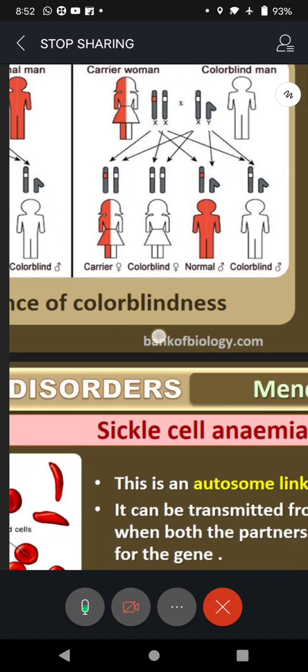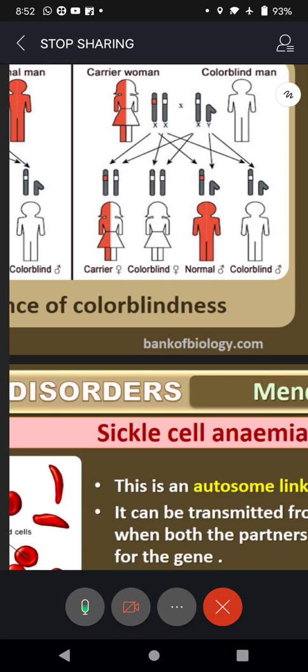So unfortunately, the sister becomes colorblind. Whereas, look at the boy who is colorblind. Only one X chromosome. Who is contributing that X chromosome in a male? Mother. So the lethal gene present in the X chromosome of the mother is contributed to the son.